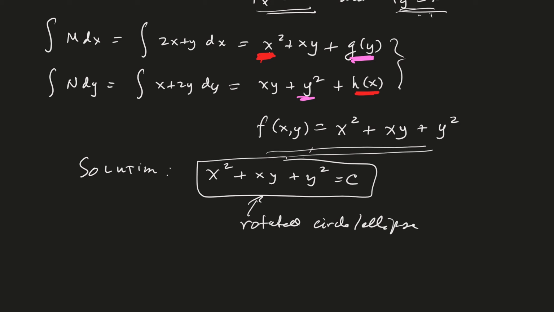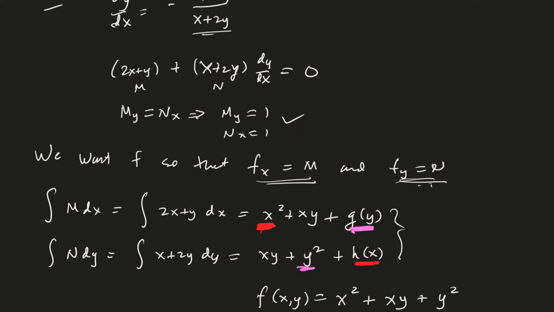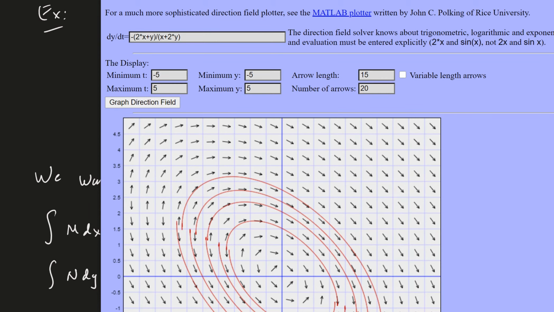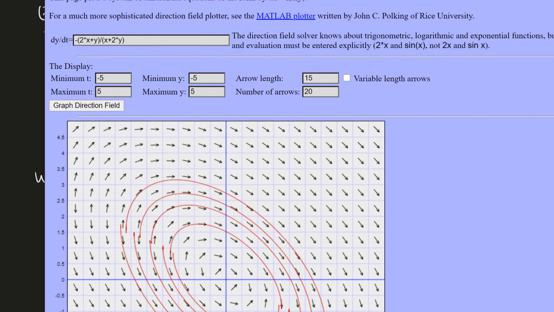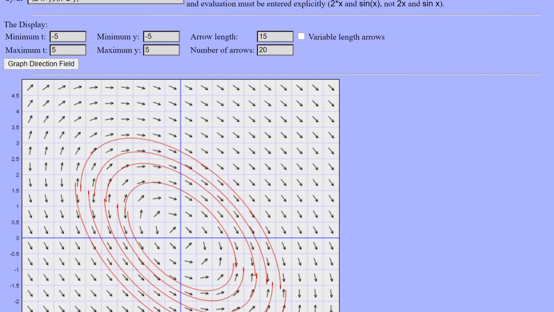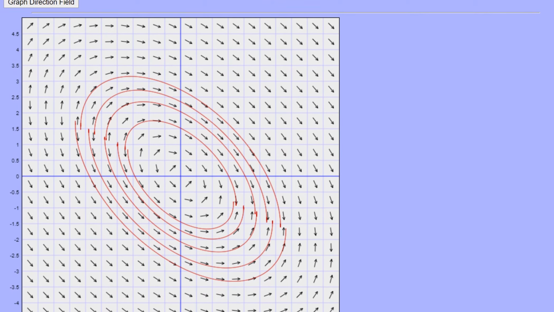Okay. And so just for fun, let's take this differential equation and take a look at it with our plotter. So here's the equation plotter that we have. We have our direction field here, and you'll see the nice solutions there, right?